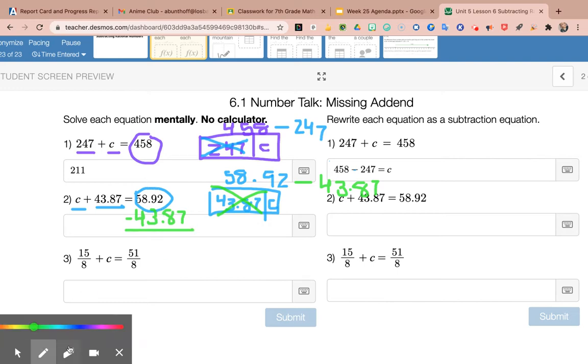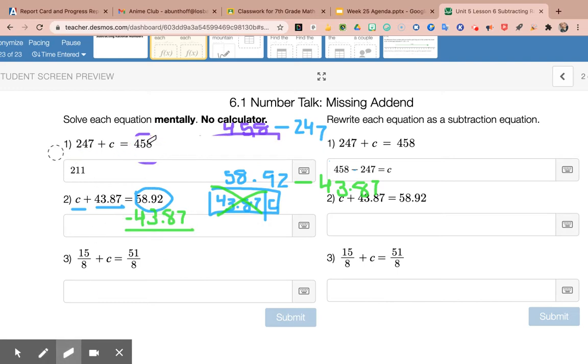You're going to have to do some borrowing. Remember to line up that decimal. Mine wasn't lined up very well.